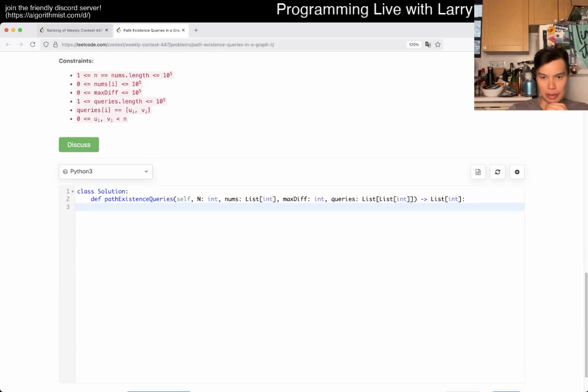Right? Okay. Because then we can just update the queries to queries. Index doesn't matter. Max diff. Number of jumps. Number of minimum jumps. That doesn't make sense necessarily.